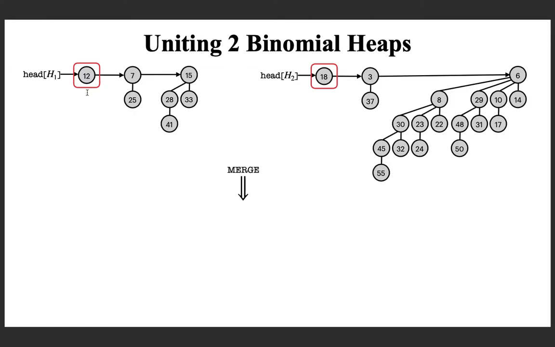So now you remove or copy that first element or tree into the resulting heap data structure. So this is moved on to the resultant data structure. So you can advance this to the next.